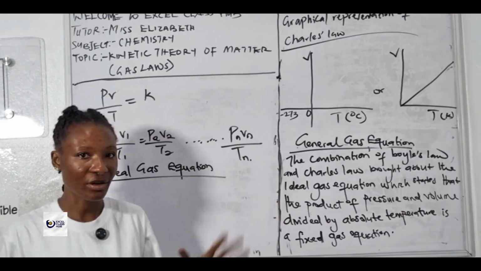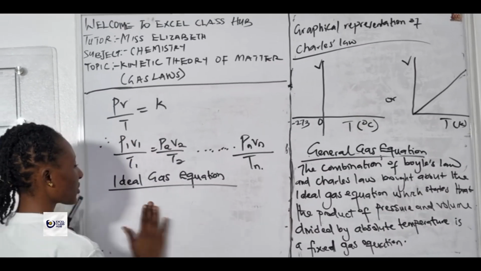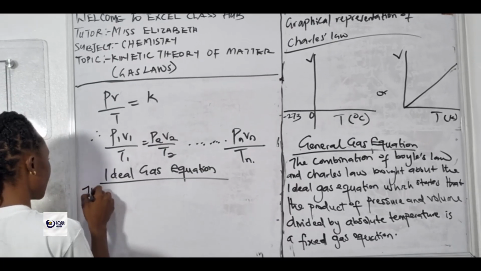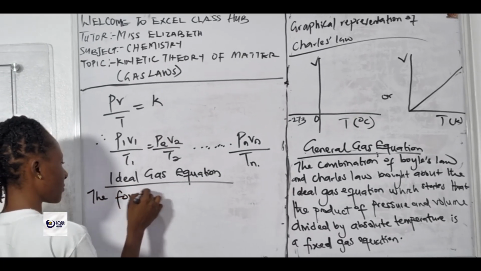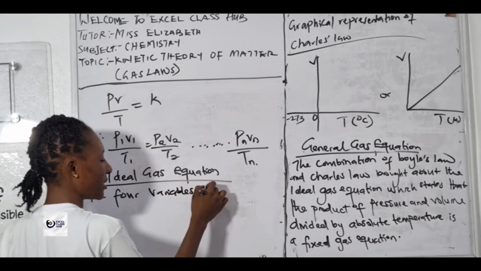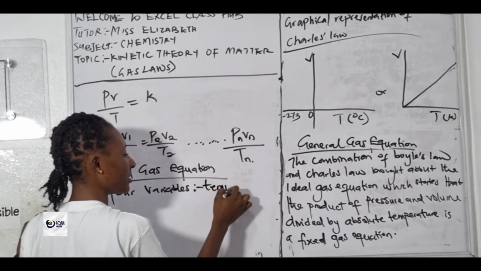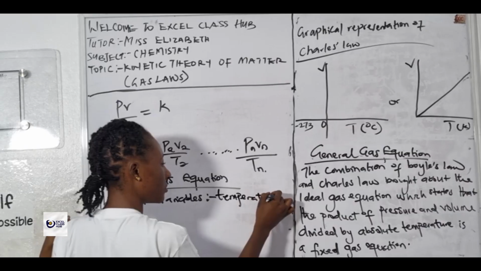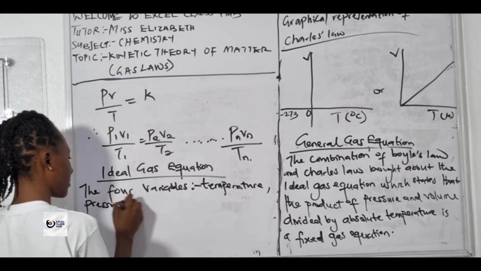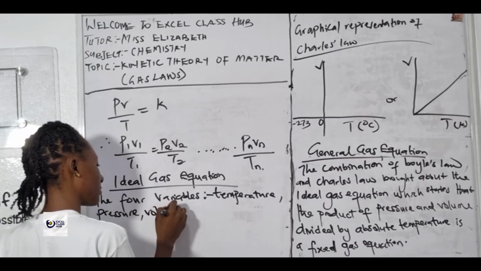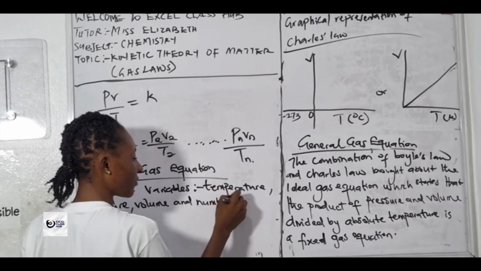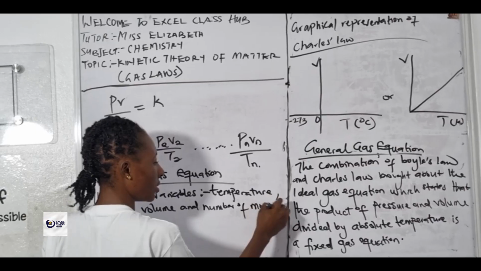We will do the calculations later. So the ideal gas equation has to do with the four variables I mentioned earlier: temperature, pressure, volume, and number of moles.